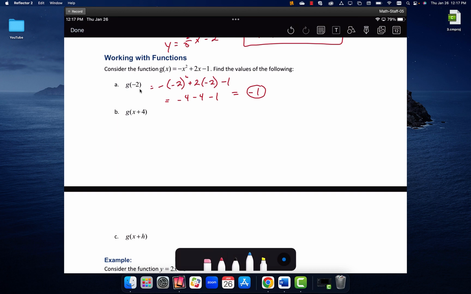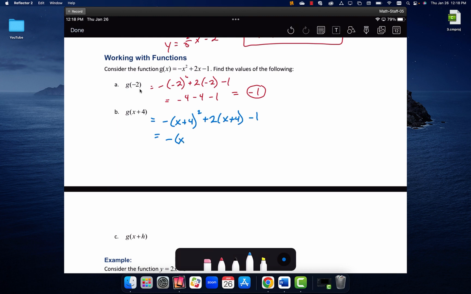In the next example, we have g of x plus 4. So everywhere you see an x in the original g function, we're going to replace it with what's in parentheses. In this case, x plus 4. Negative x plus 4 squared plus 2 times x plus 4 minus 1. And then we go through and simplify.